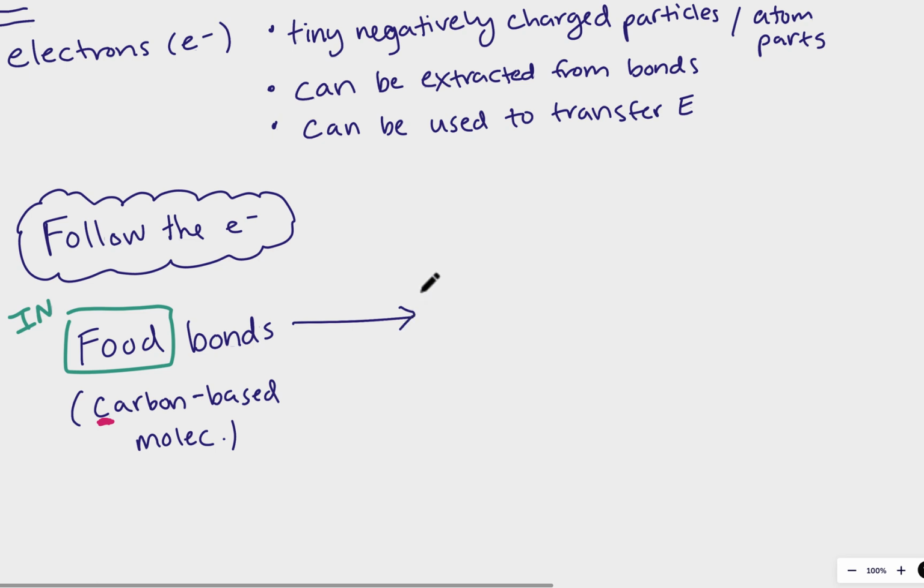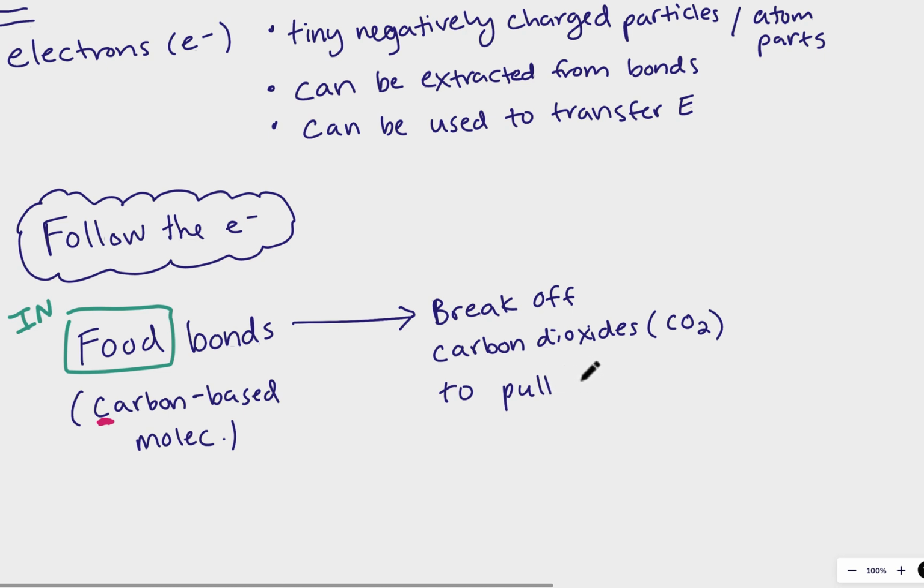And what do we do with those food bonds? We're going to break off overall carbon dioxides, and that's CO2, to pull out the electrons. You can call that extracting the electrons.